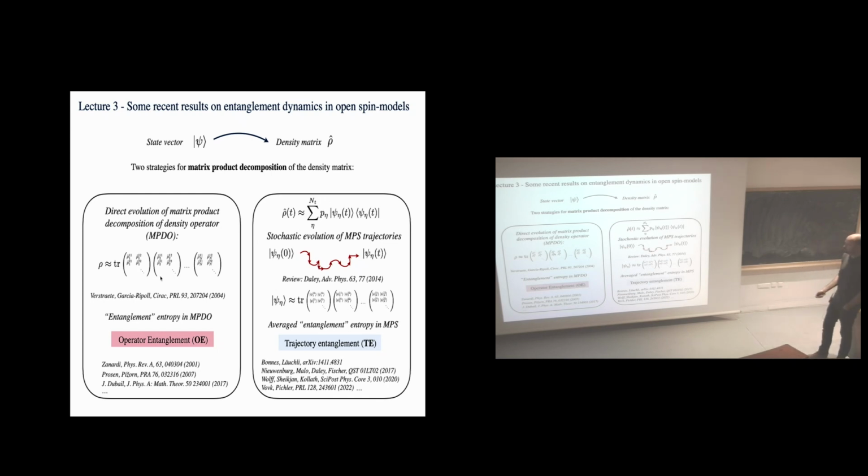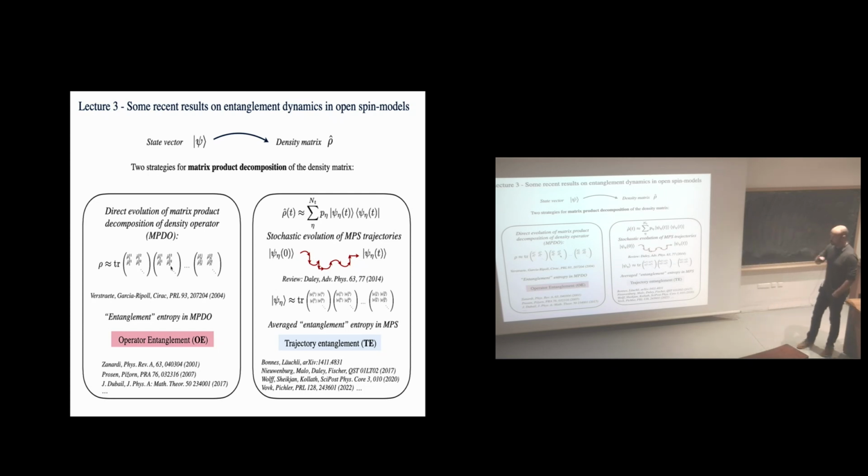This is called the operator entanglement, introduced by Zanardi in 2001. They call it entanglement, but it's important to say it's actually not really entanglement. In a quantum information sense, it doesn't mean entanglement at all. It just means if you vectorize your density matrix and do an SVD, you have effective super operator eigenvalues of your subsystem, and they're going to give you some type of entropy.